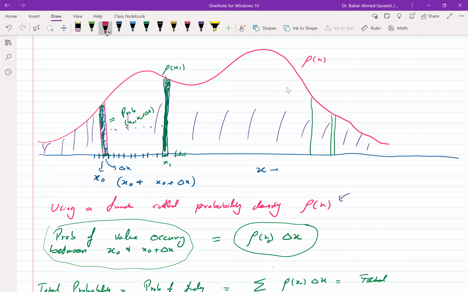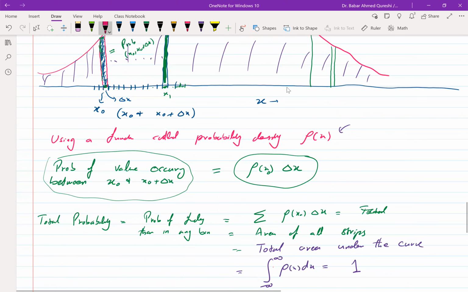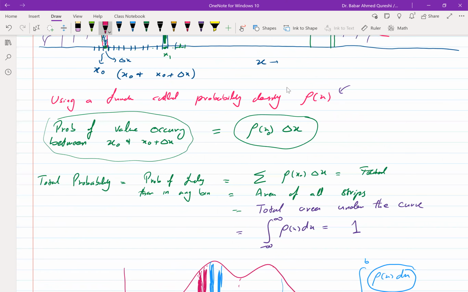If I were using big deltas, then it won't even be a trapezium; it would be like a curved path. So I don't want to deal with that. I make these delta x very small, and in the limit when delta x goes to 0, this is almost exact. That's what an integral means. You divide it into very, very small parts, and when you do the sum, that's equal to the integral.